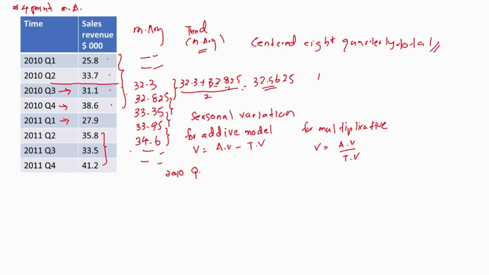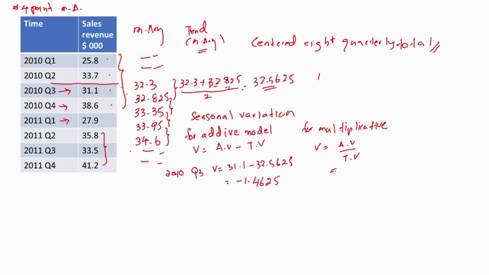For 2010 quarter 3, under the additive model the variance is equal to 31.1 minus 32.5625. This will give a negative value. So the variation is negative 1.4625 using the additive model.